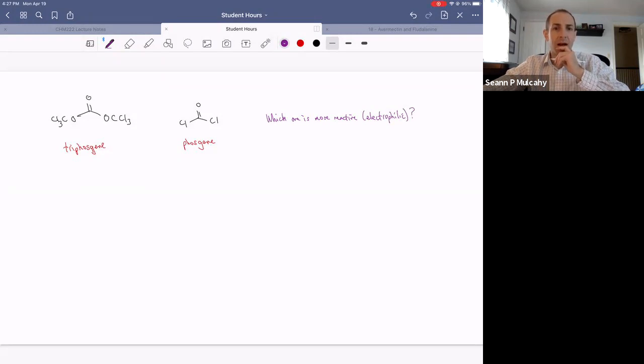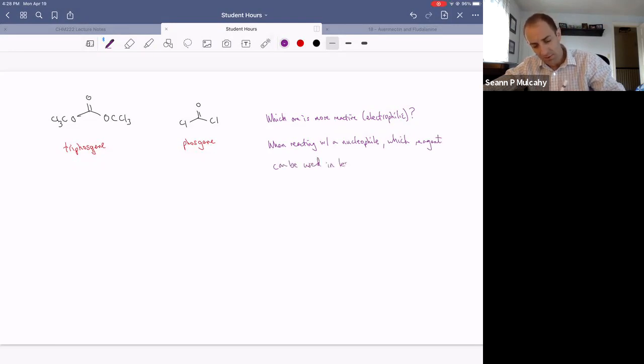And in addition, when reacting with a nucleophile, which reagent can be used in less than a stoichiometric amount?